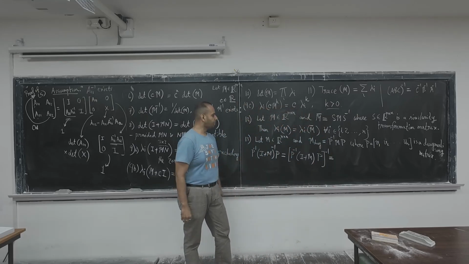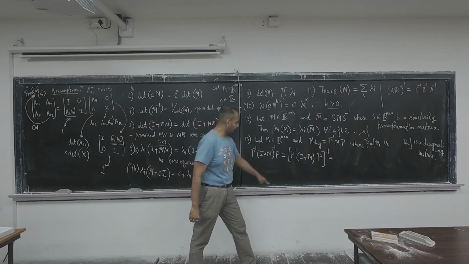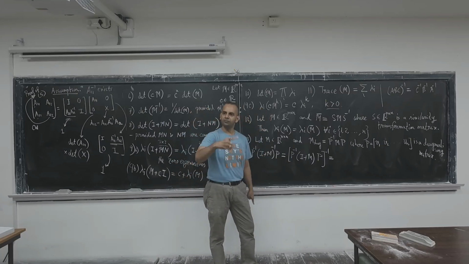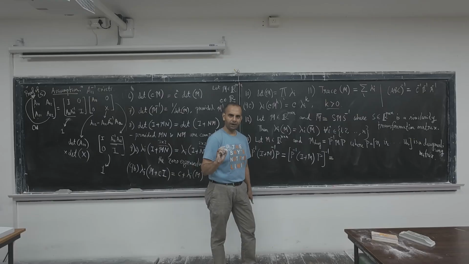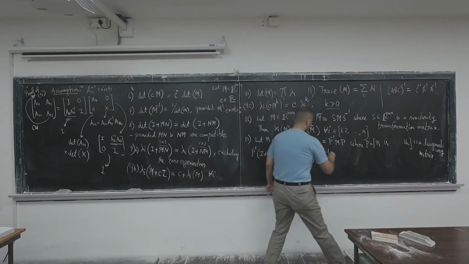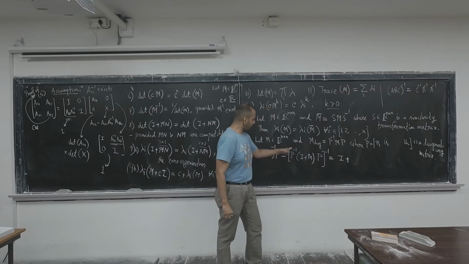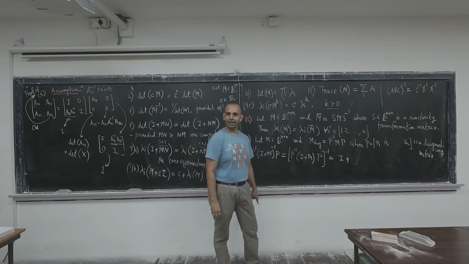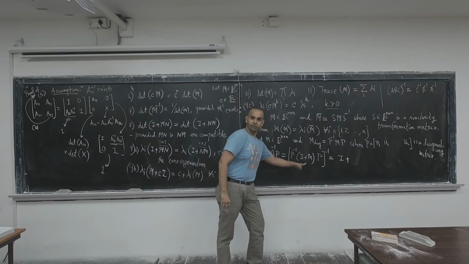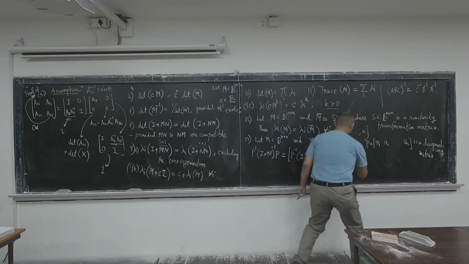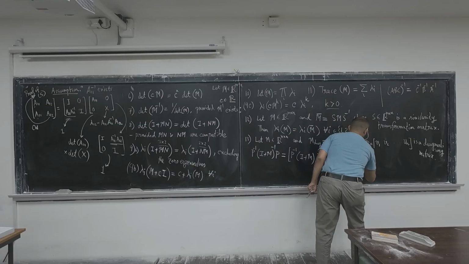Now you compute the pre and post multiplication. Then the first one is going to be P inverse into P. That would become I, right? And the second one, P inverse MP, that would be M diagonal.